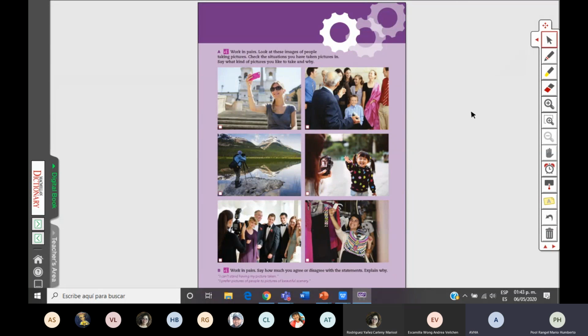I don't know. But do you like taking pictures? Are you a taking picture fan? Demasiado. All right, but then again, what kind of pictures do you like taking?